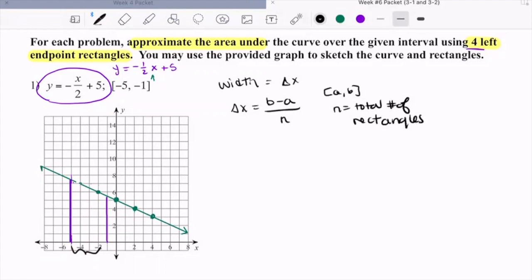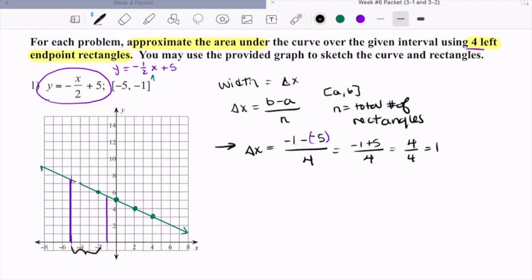So for us, that looks like our change of x is equal to -1 minus -5 all over 4. Being mindful of our parentheses here, subtracting a negative would make that a positive. So we get -1 plus 5 in the numerator over 4, which becomes 4 over 4, which is 1.